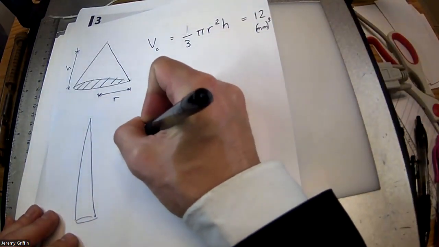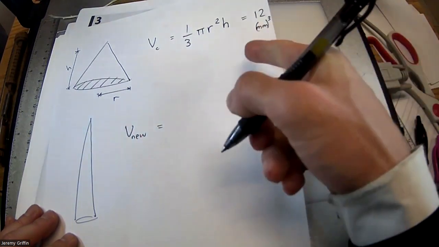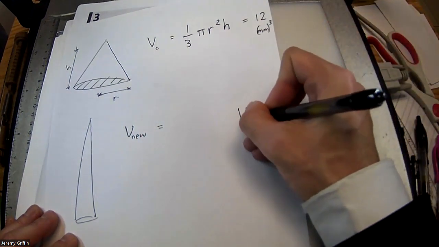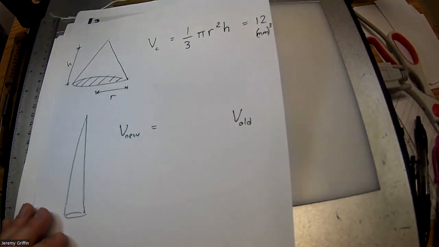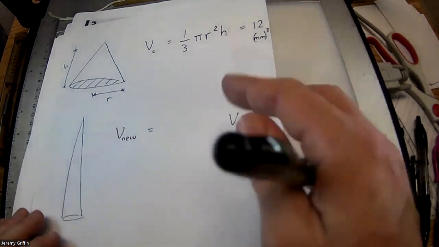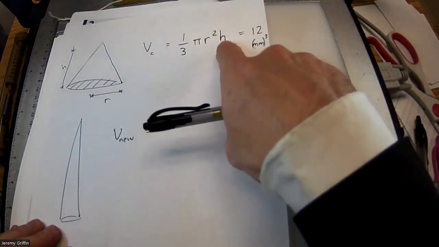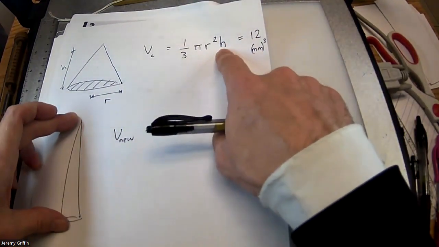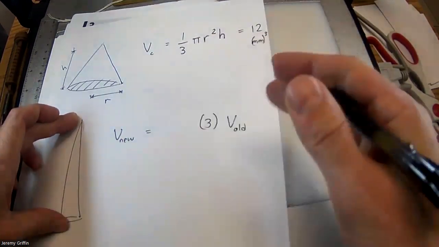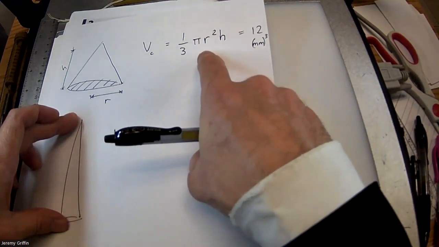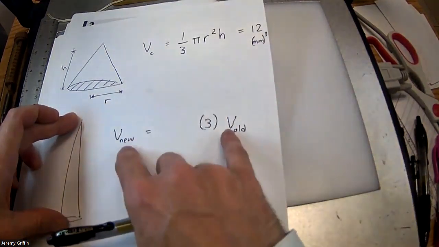So the volume of the new cone is some proportion of the old cone, a proportional relationship, kind of analogous to the braking distance of the car. We're scaling up the height by a factor of 3, so we have to throw a factor of 3 in here. I'm doing kind of a shortcut method, but you've seen this so many times in physics. If you only did that, you would have 3 times the volume.